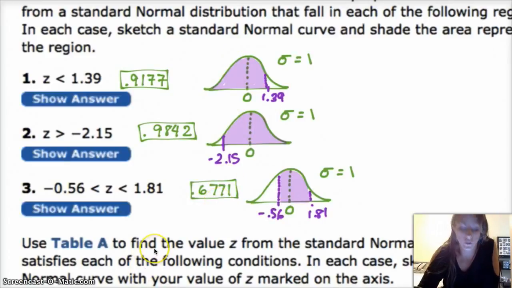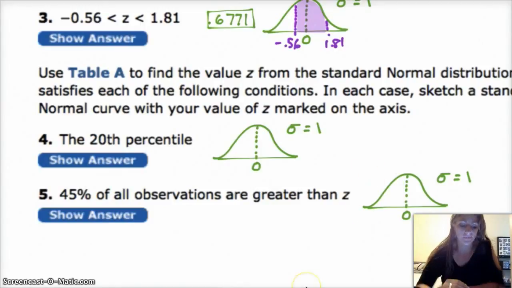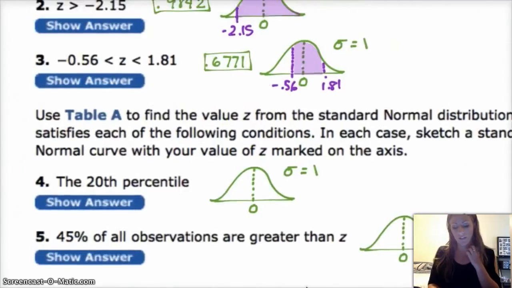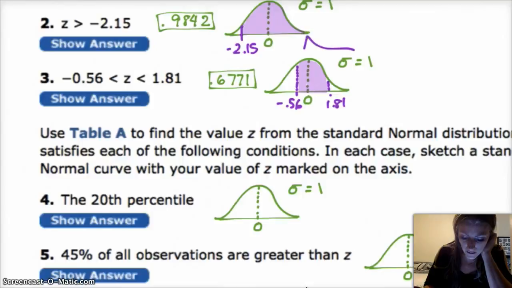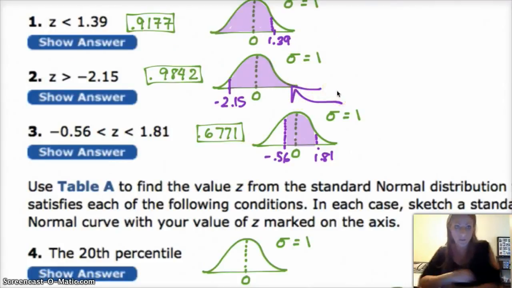But now I would like to show you how to answer questions like 4 and 5 on your calculator. A couple little details that I don't know if I've explained to you yet. In terms of calculator stuff, if you want to type in infinity, for example, here your lower bound would be negative 2.15, but your upper bound would be a really, really big number, like infinity.